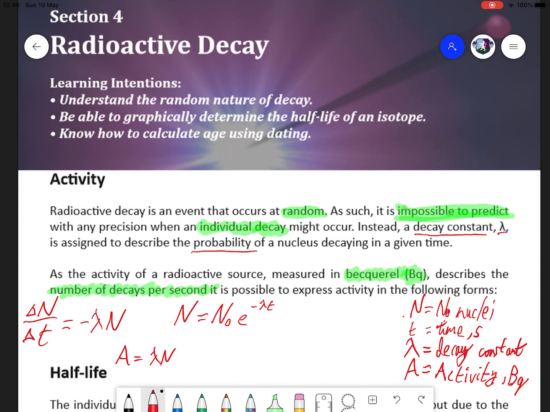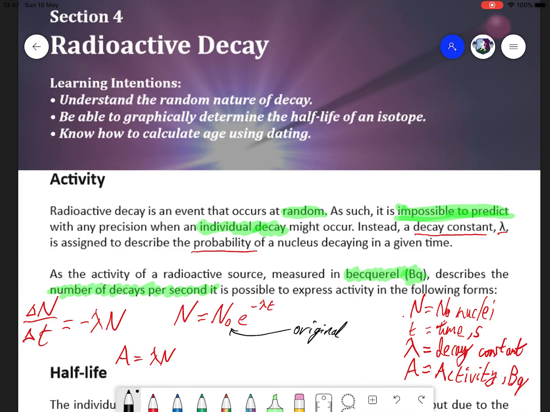Yet again, lambda is the decay constant, t is time taken, N is our number of nuclei currently present in the source, and N naught is the original number of particles present in that source.